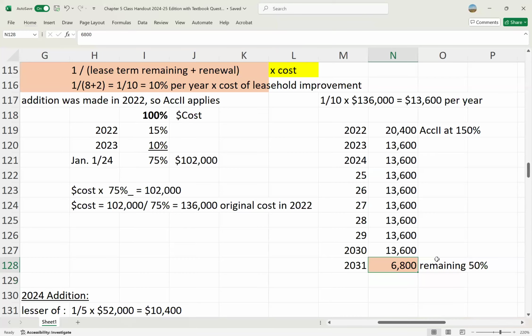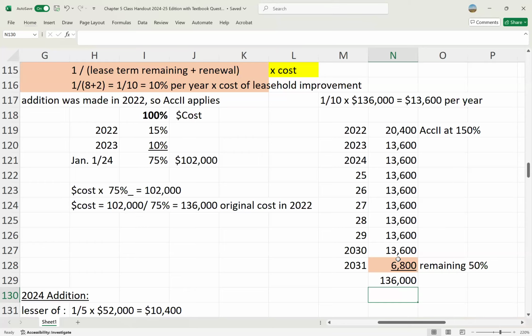And if I quickly add up this column here, we should get 136,000. So that's a little bit more complex, but we have all the tools to figure out what the CCA was for the first 2 years. And so we know that for every year thereafter, it's straight line 13,600, except for the very last year, which will take the remaining 50%, which is 6,800.